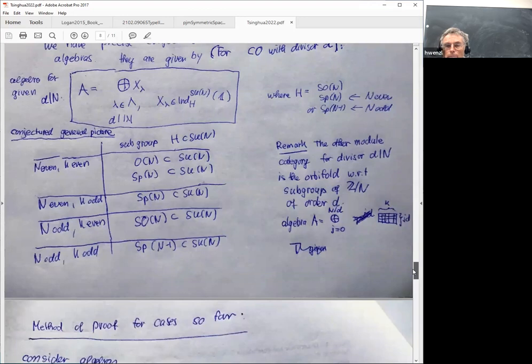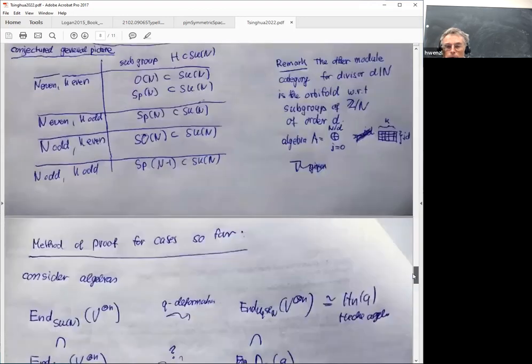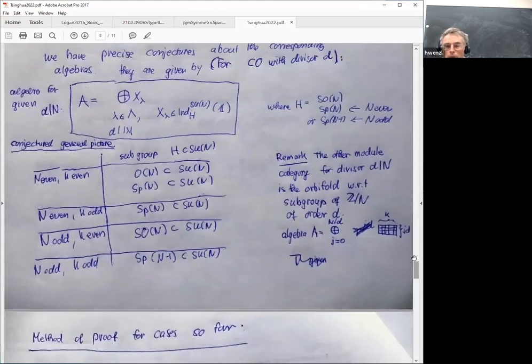The result has been proved for n even, k even, and for d equals n. So that would be a case. And yes, anyway, if someone is interested, I'm happy to tell him exactly which cases are proved and which are not proved. All right.